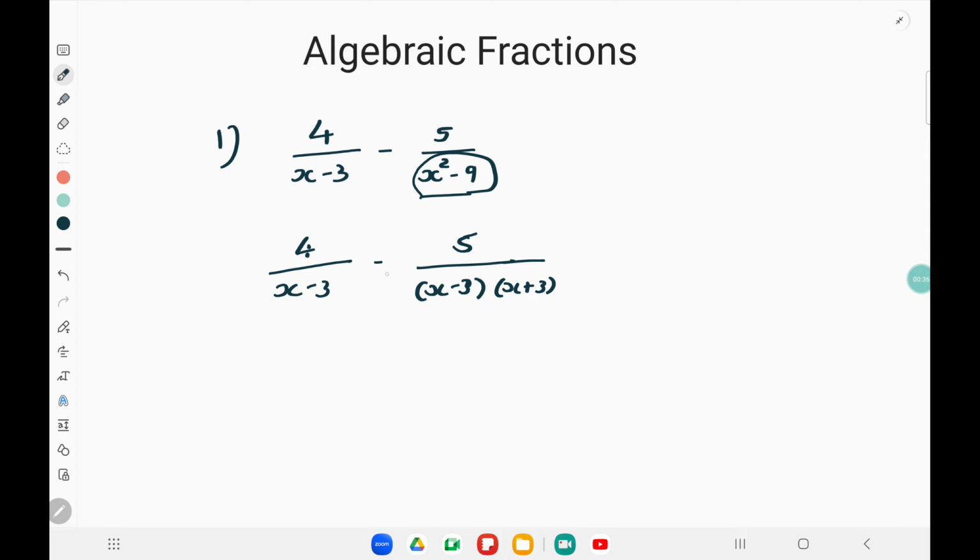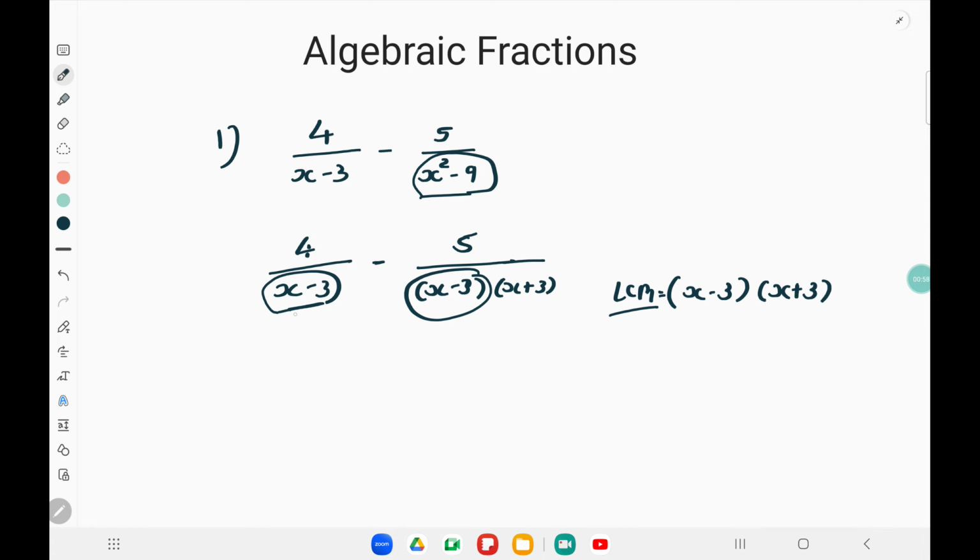Now because we have to subtract, and in both fractions one bracket is common, x minus 3, the final LCM is (x minus 3)(x plus 3).